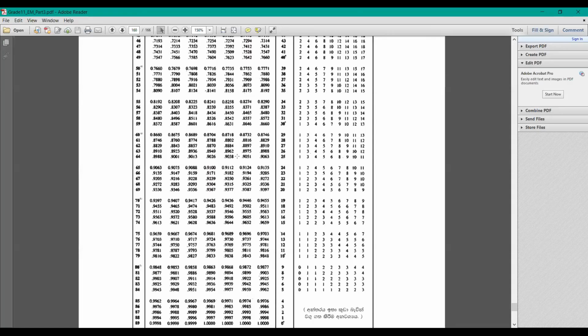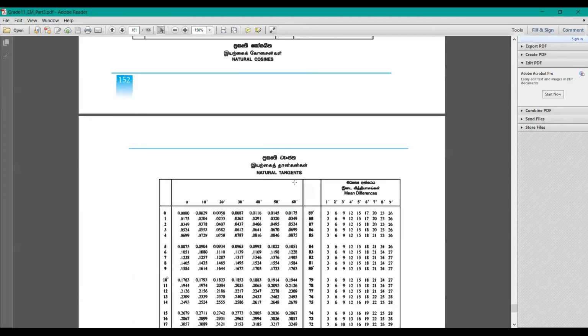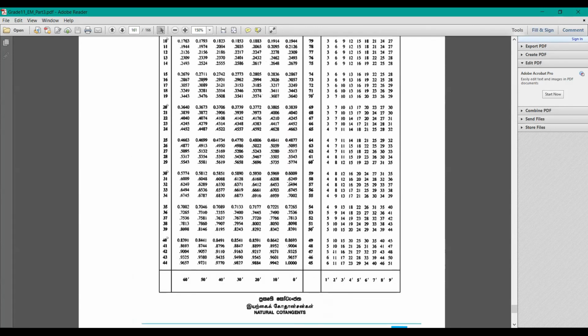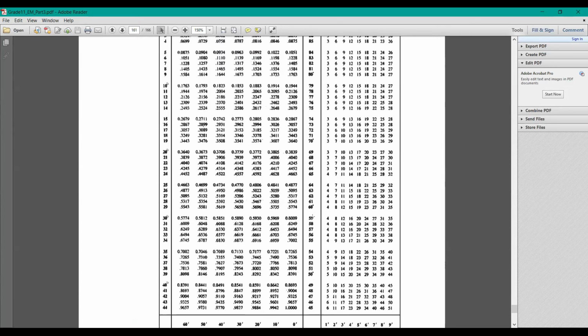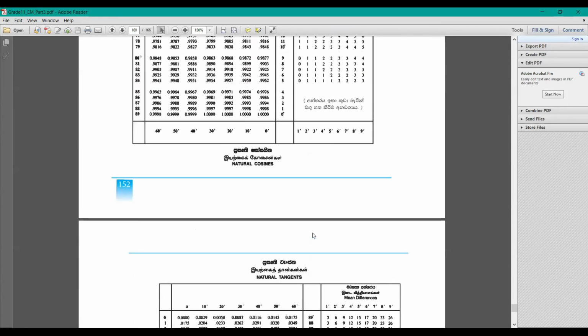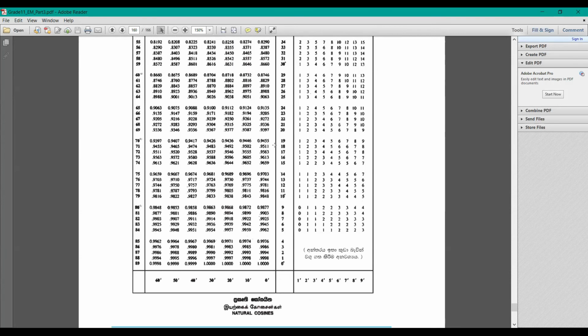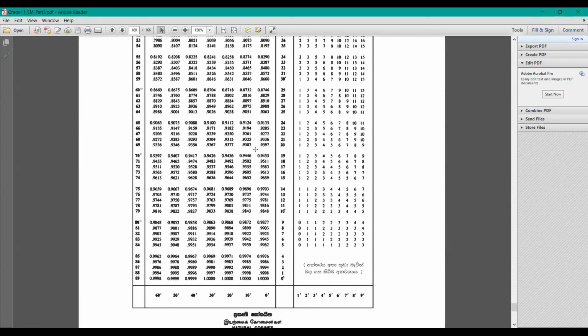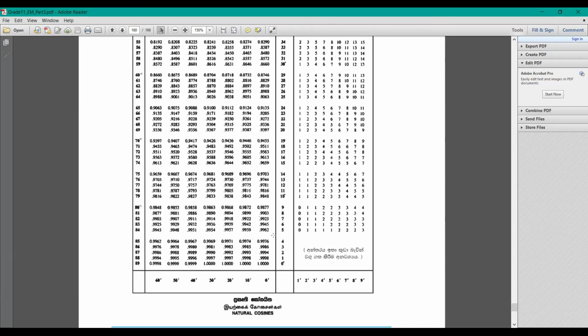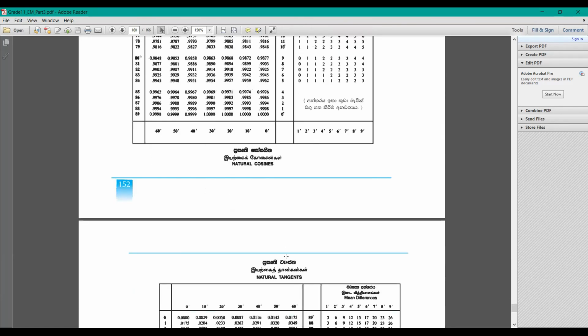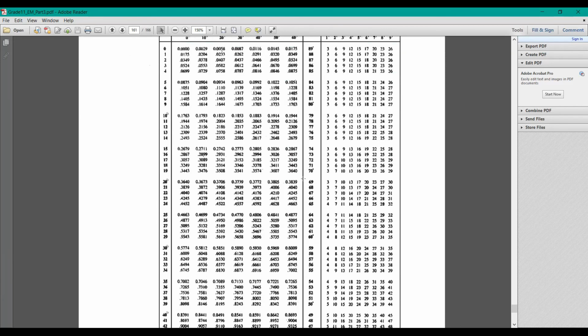Here is my tangent table, and cotangent will be on this side. Let me find 0.5098.